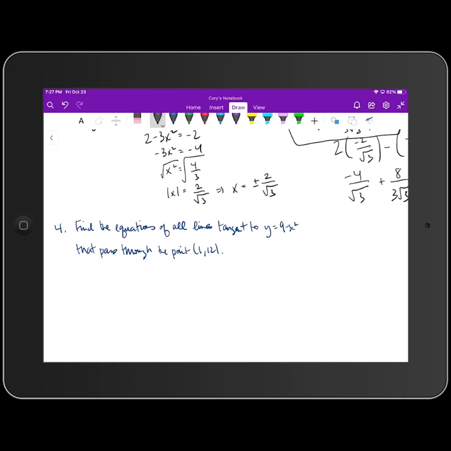All right, so directions here ask us to find the equations of all lines tangent to y is equal to 9 minus x squared that pass through the point 1 comma 12.